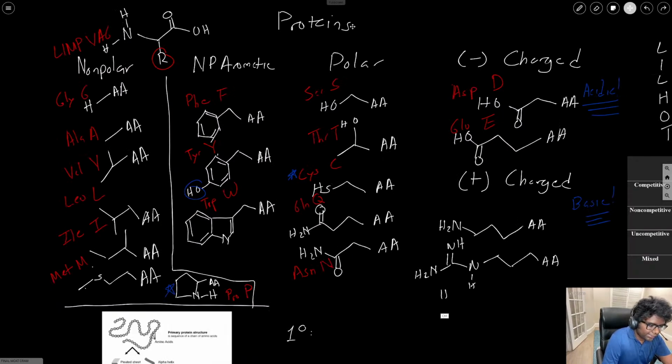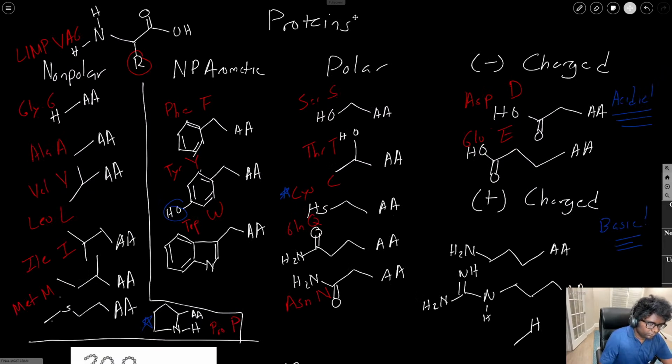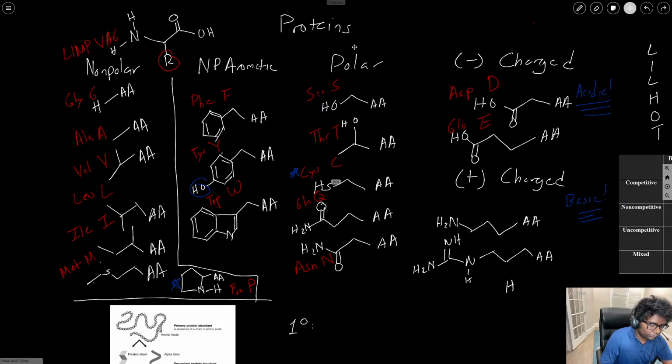Not enough space, all right. I'm meshing into the protein structures. I want to try to make this a bit shorter. All right, there we go.